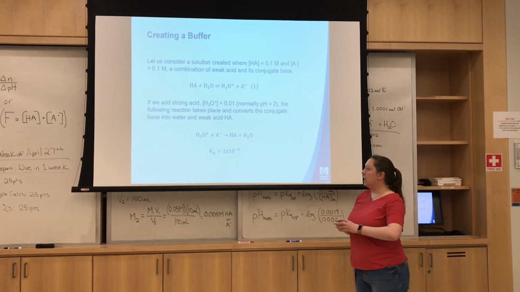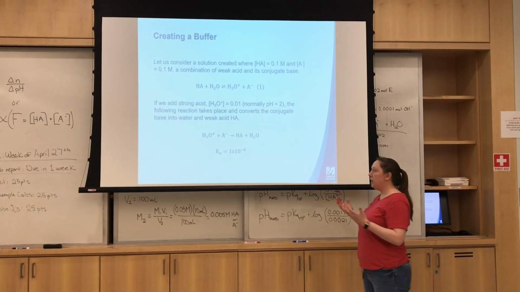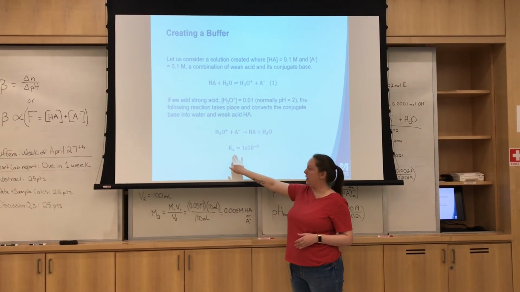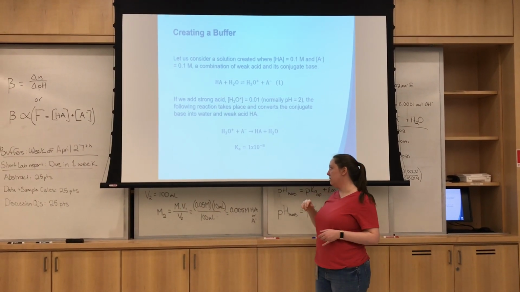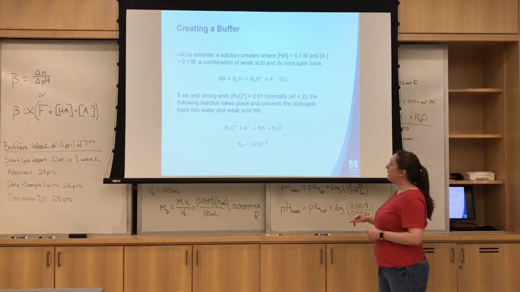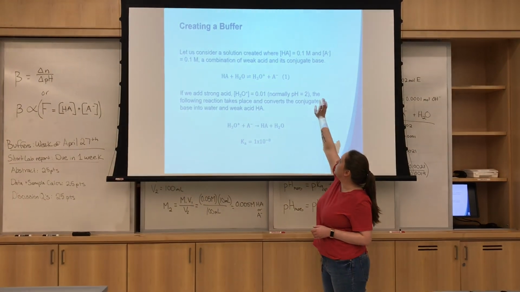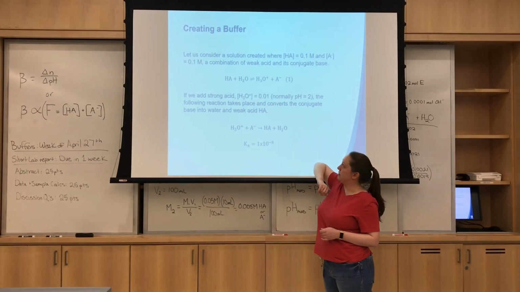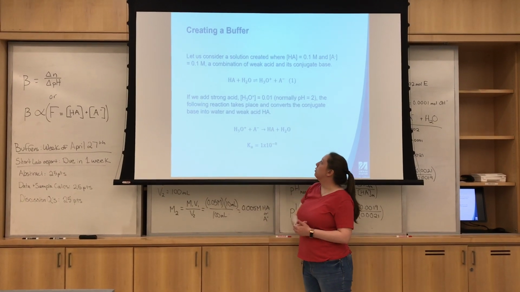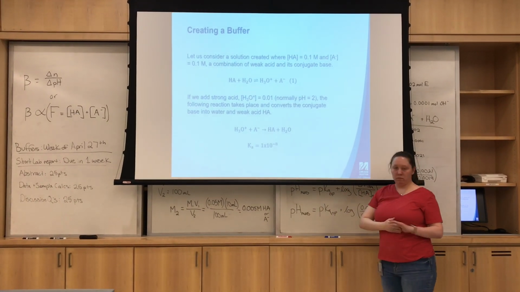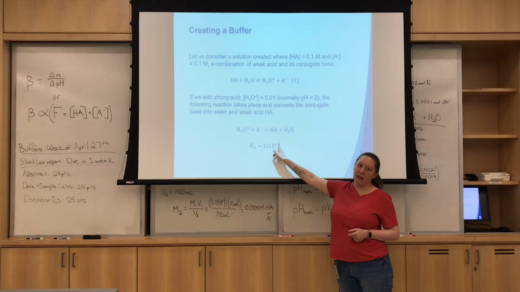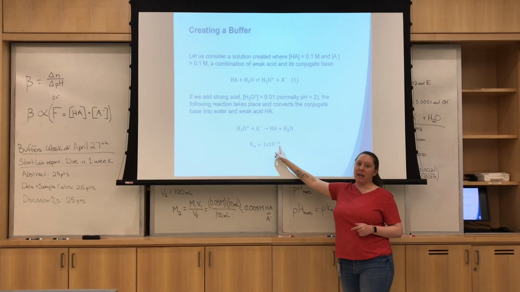Okay. And so for this example, we have a given Ka of 1 times 10 to the minus 8. We have our initial HA and A minus concentrations, and we're adding 0.01. So if we took the negative log of this Ka, we would see that our pKa is 8.